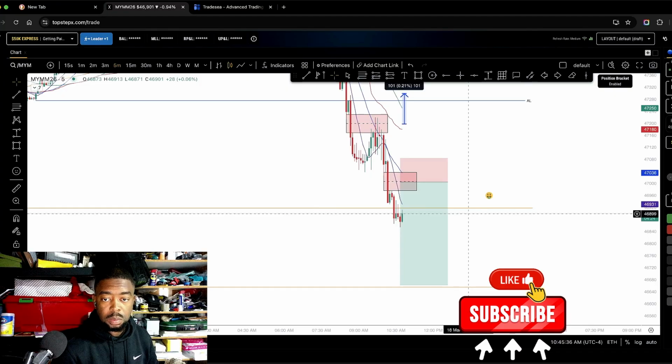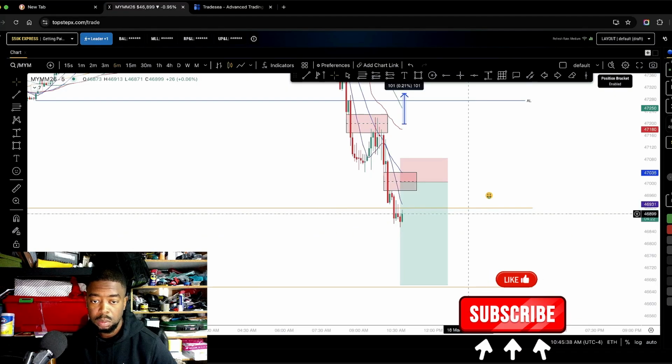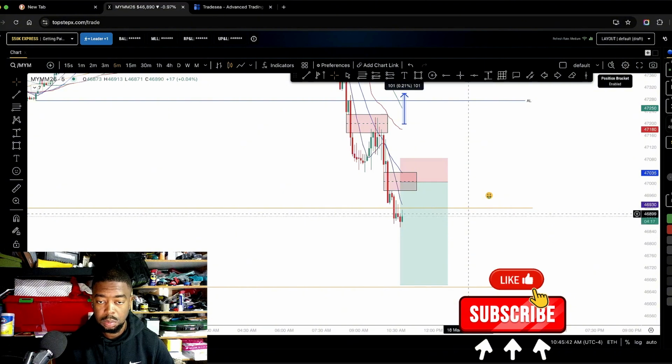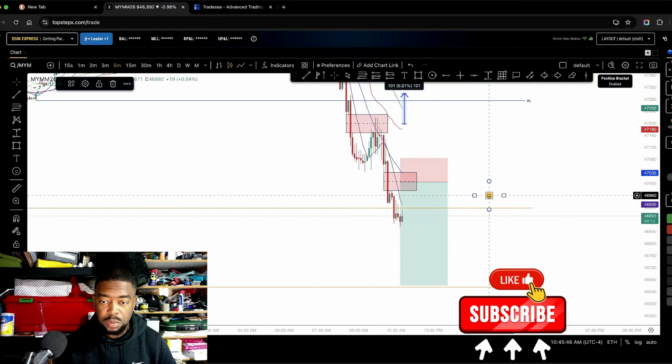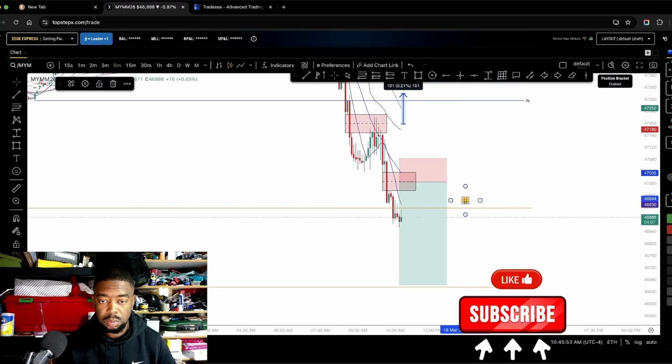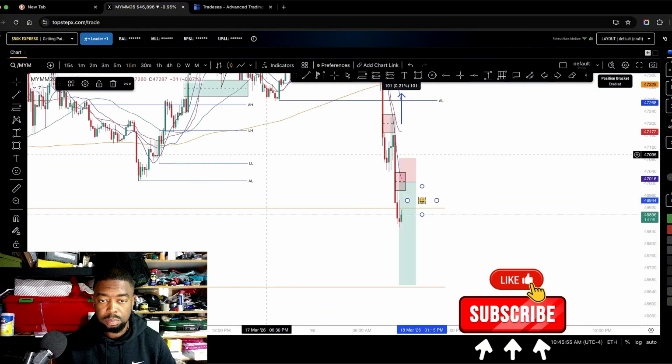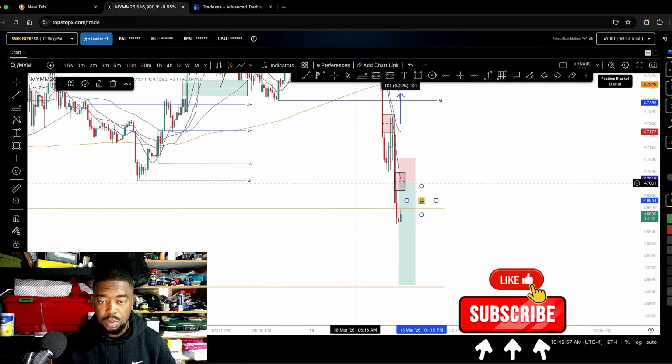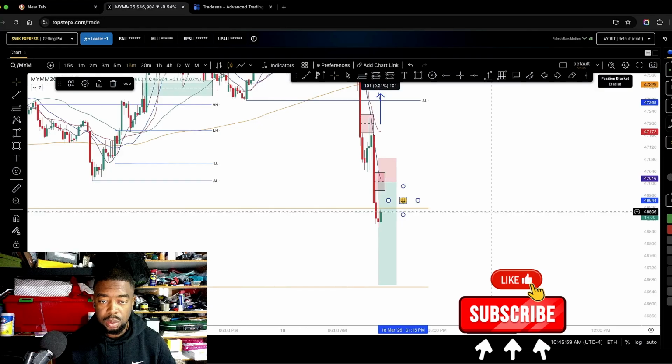Let's see what's going on. The fact that we can't get above this hour low with a nice close tells me that we want to come down.